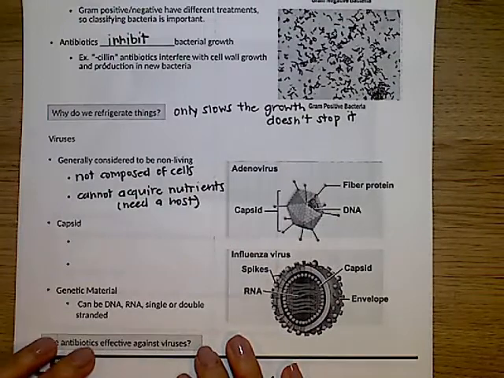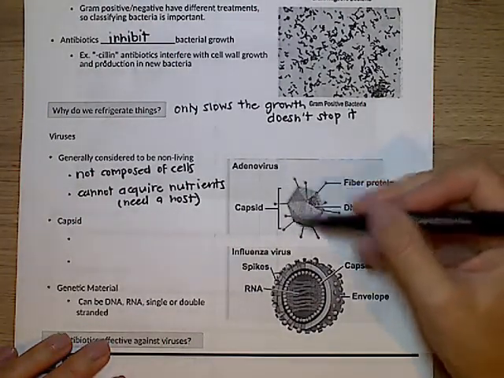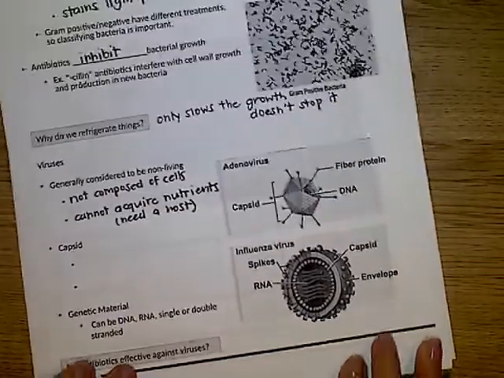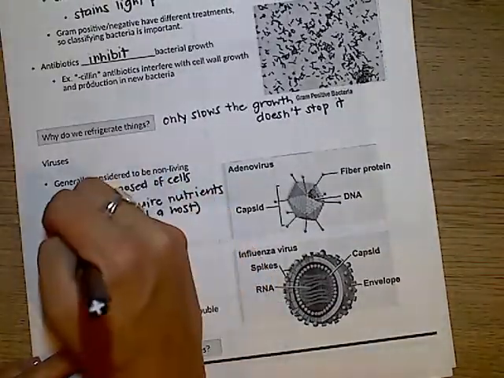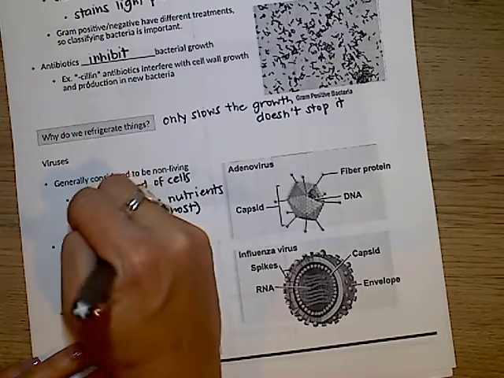So for the structure of viruses, they have a capsid, which is kind of like the outer container of the virus. And it's made out of protein. So, a protein container for genetic material.